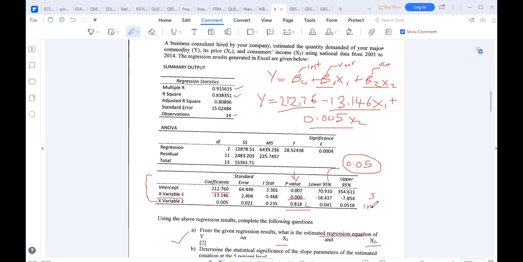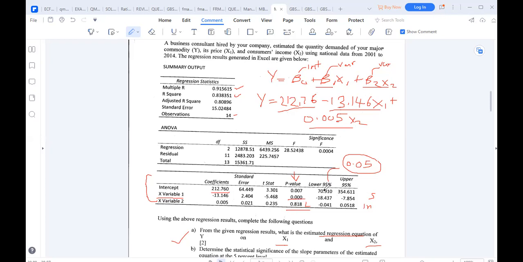If you're testing this, you simply state that variable one is significant to affect the regression equation. Then for variable two, you look at this figure here. Is it more or less than 0.05? If it's more, it is not significant. So when you check, you discover that this one is more than 0.05.